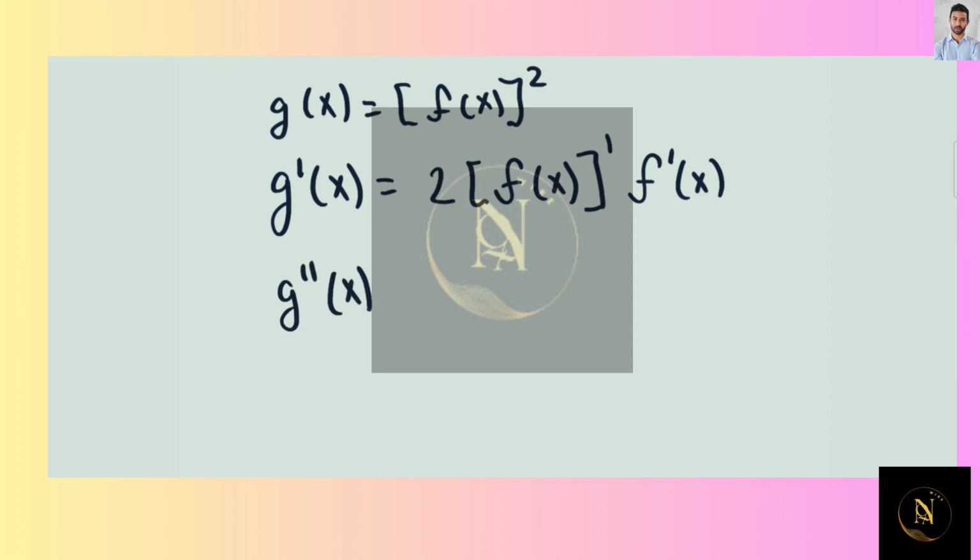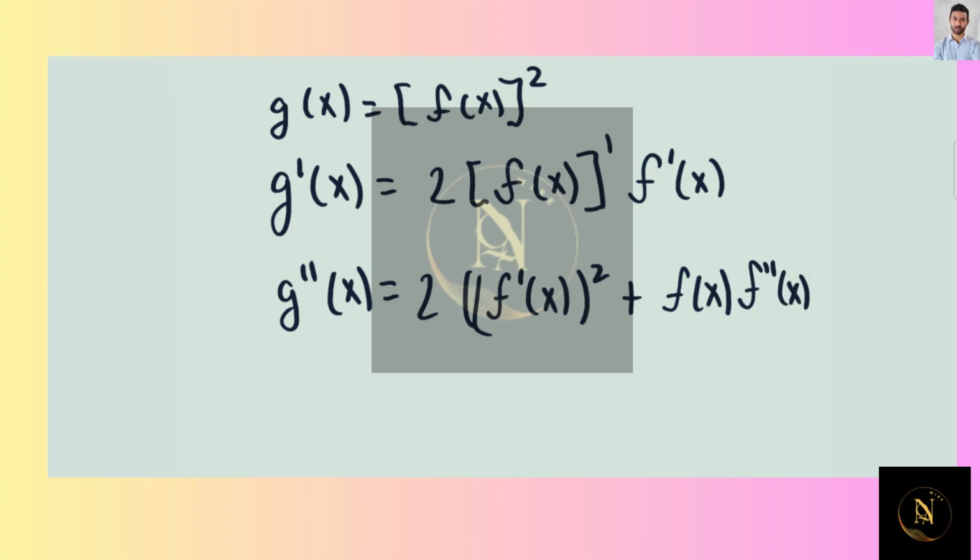Now that we found this first derivative, we're going to find the second derivative, using the product rule. So we're going to do the derivative of the first, which is f prime of x, times the second, which is also f prime of x, so this is f prime of x squared, plus the first, which is just f of x, times the derivative of the second, which would be f double prime of x.